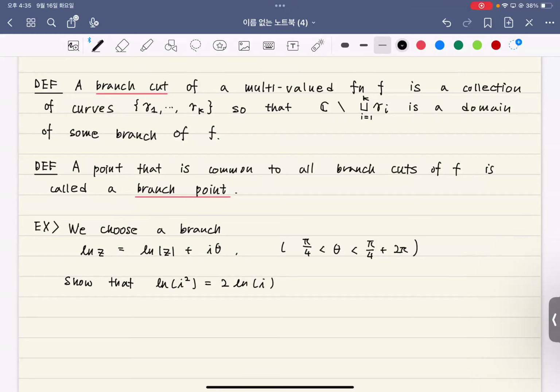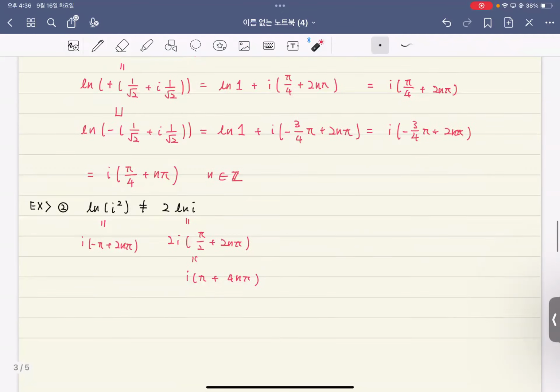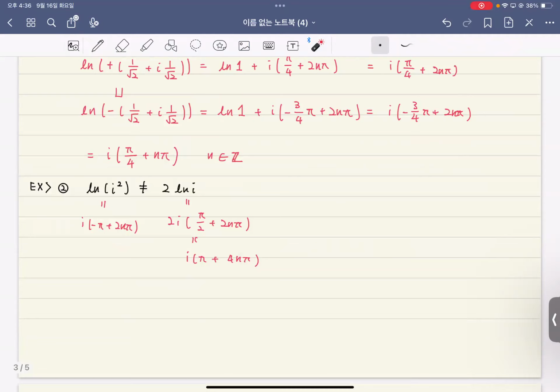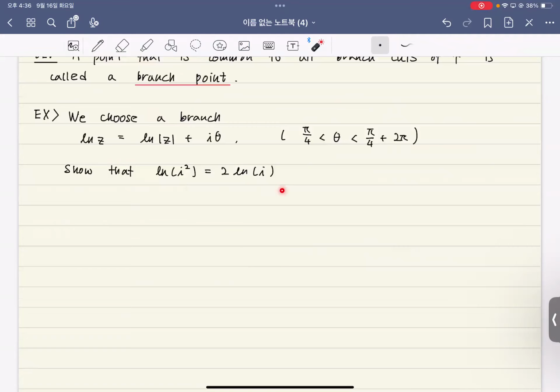Yeah, this is okay. Let me compare this with what we had previously. If we do not specify the branch of these functions, then these two guys were considered to be different, right? But this time around, they are the same number. Why?